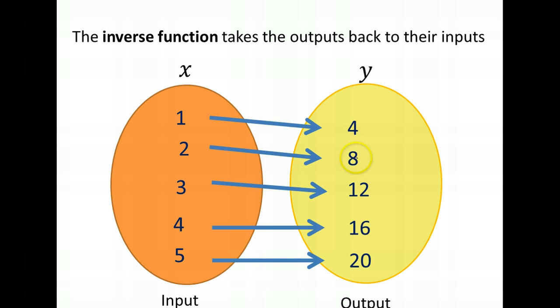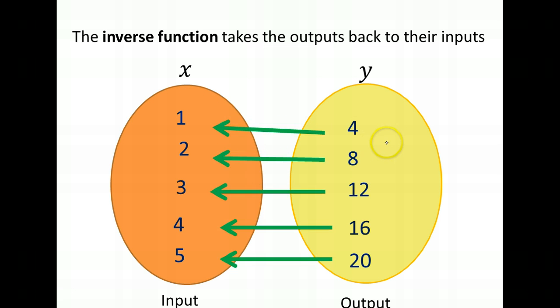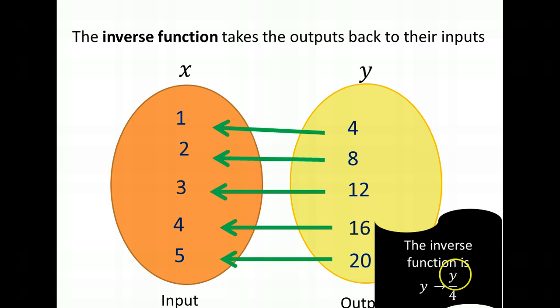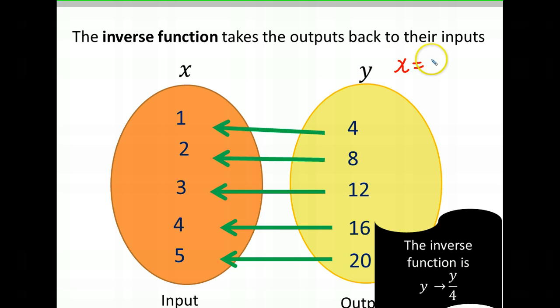Remember here the rule was we were going to multiply the x's by 4. So now if I know y, I can always work backwards to figure out what number we put in. Again here I will be doing the opposite operation.